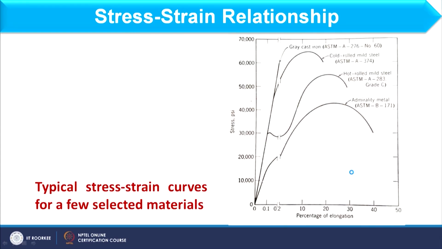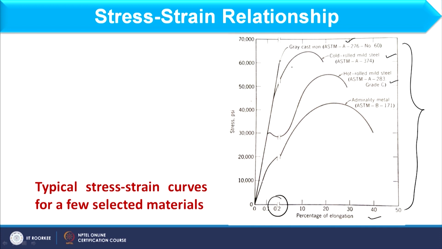And in this slide, if you see here, I am having a particular graph where the stress and strain relationship are plotted for different materials. On the y axis we have stress and on the x axis we have strain, and the x axis is broken because we need to show a large scale on the x axis.